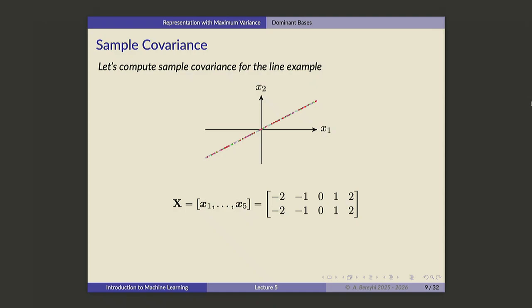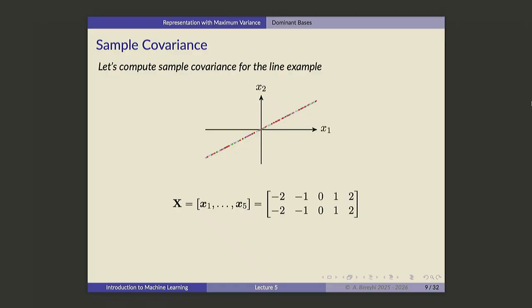Everybody's cool? Now, if you average these points, it's going to be 0. So if it is 0, then x tilde and x are the same thing, because x tilde is x minus 0. This matrix is 2 by 5: it has 5 samples, and 2 is the dimension of every single point.